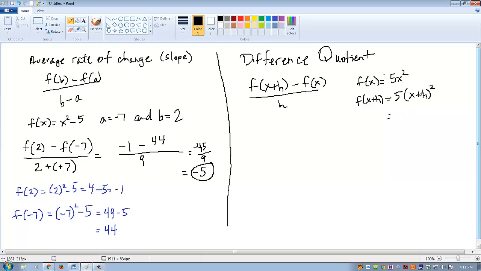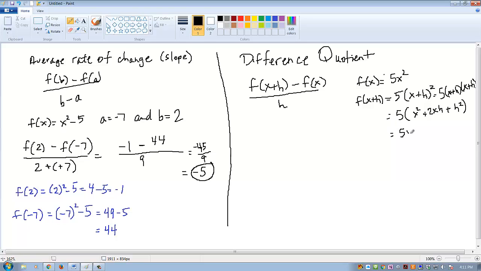So if I square this, just keep in mind what we're really looking at, and this is x plus h times x plus h. So this is really 5 times, I have x squared, I've got an xh and another xh, so that's plus 2 xh's, plus finally my h squared.